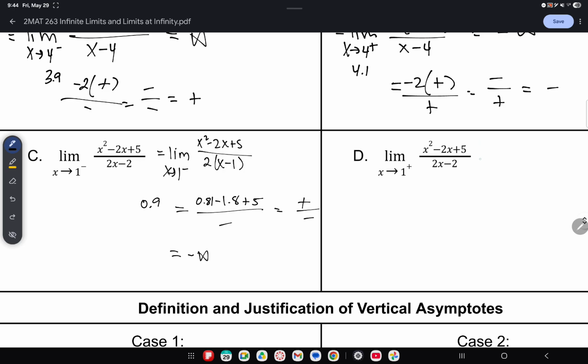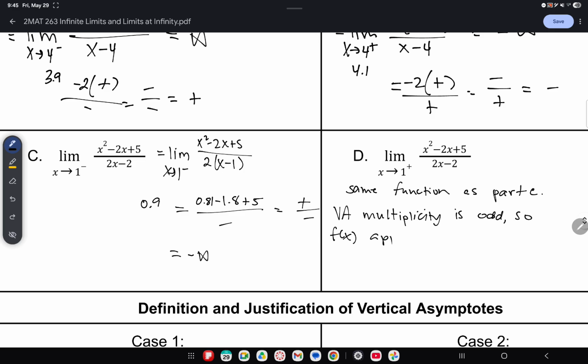So this is the same function as part C. Vertical asymptote, multiplicity is odd. So function approaches opposite infinity.